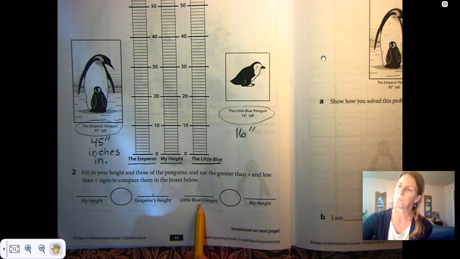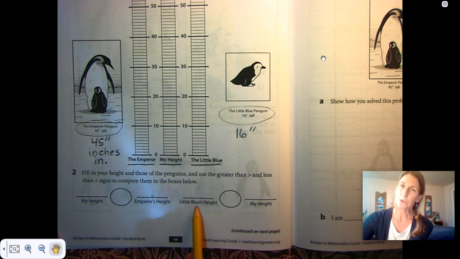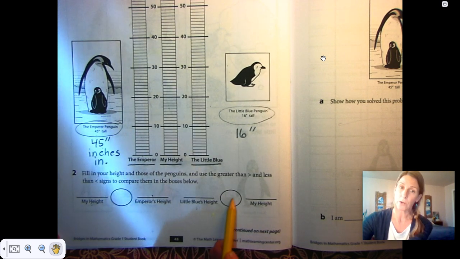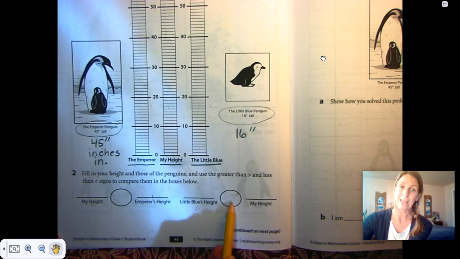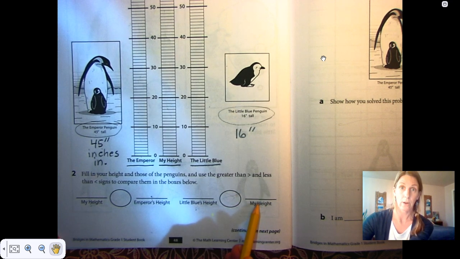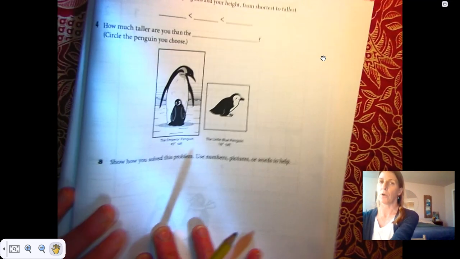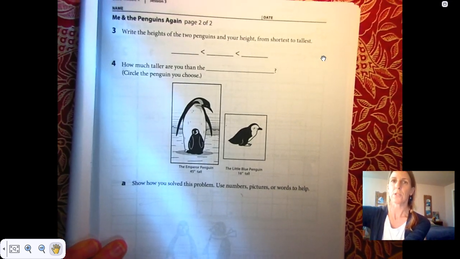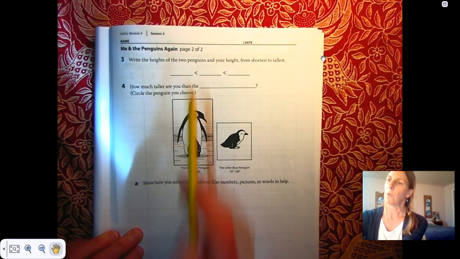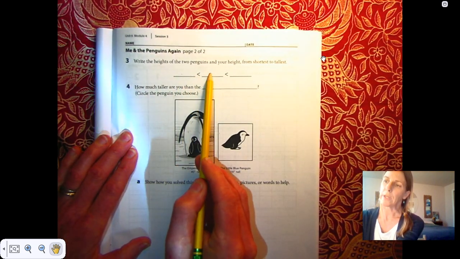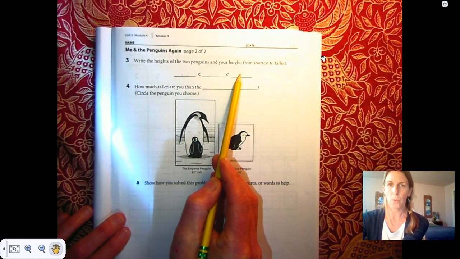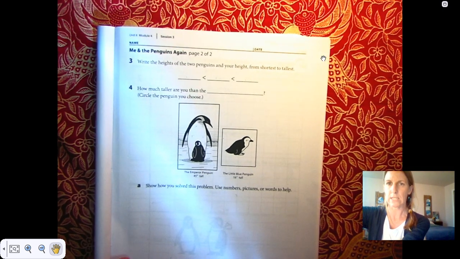And over here, little blue's height. Is little blue's height greater than or less than your height? I want you to do that page. And then I want you to go over to the next page, just like last week. And I want you to write down the 3 heights in order from, can you see this?